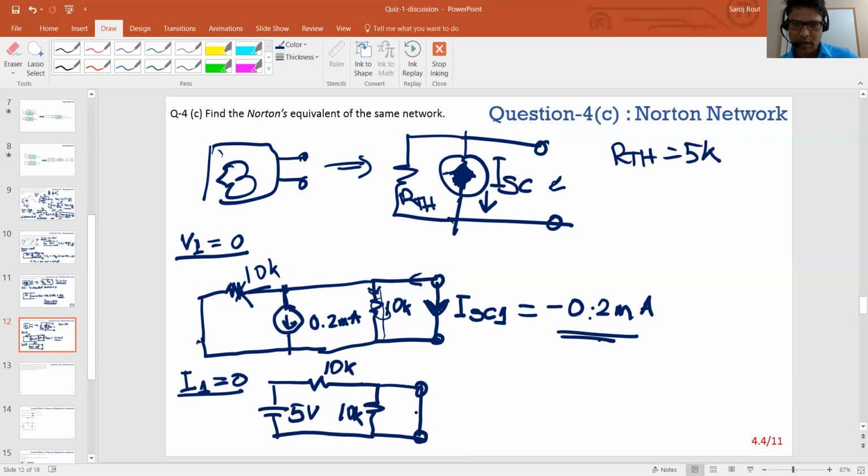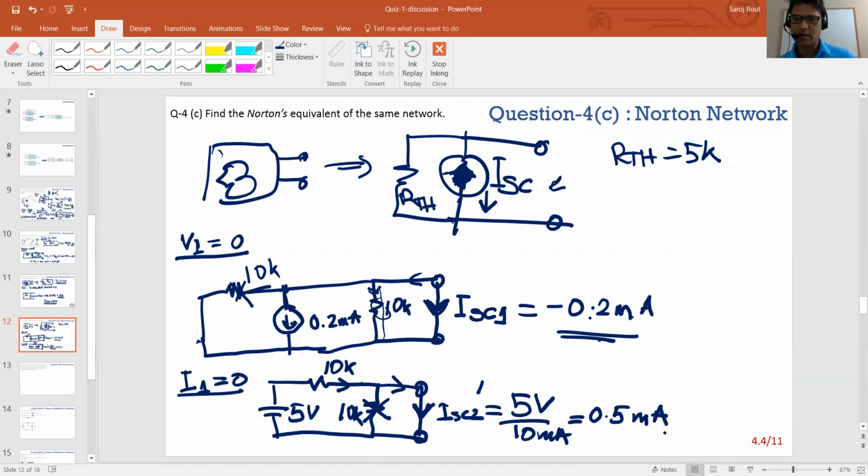Again, I'll choose the same direction to keep it consistent. When I short, this 10K is out of the picture. That means this current is the same current flowing through this resistor, so let's call this ISC2, and that's nothing but 5 volt by 10K, and that's 0.5 milliamps, right?